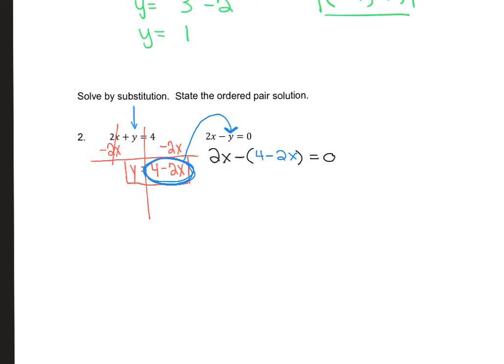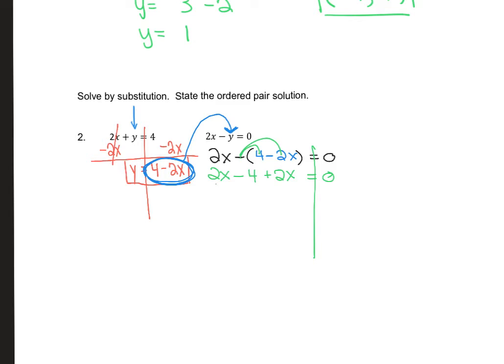What am I distributing? I'm distributing that negative because the negative is out in front of that parentheses. So I end up with 2x minus 4 and then plus 2x, because a negative times a negative 2x gives me positive 2x, equals 0.